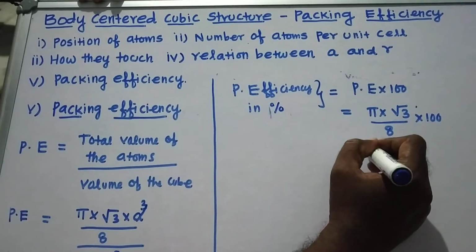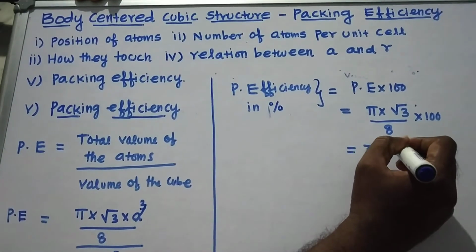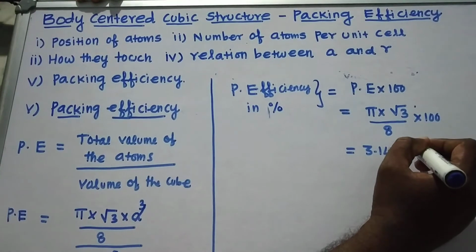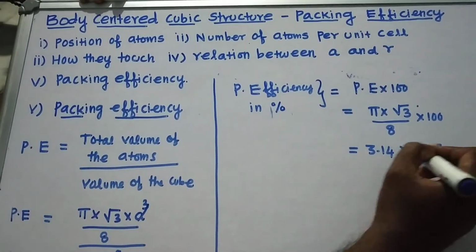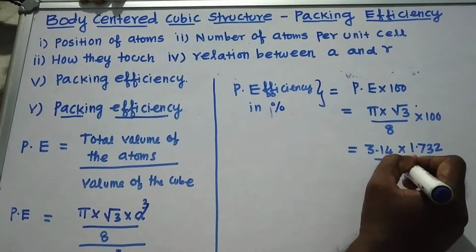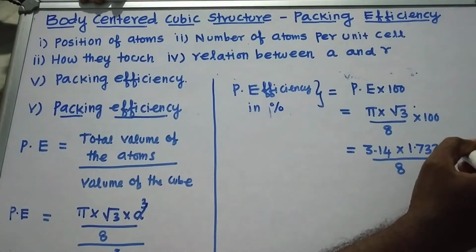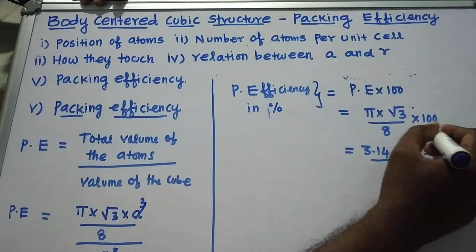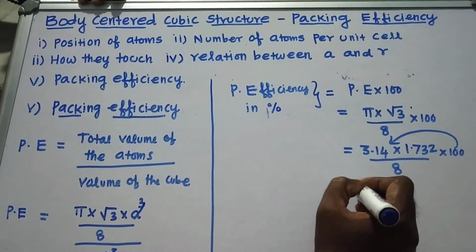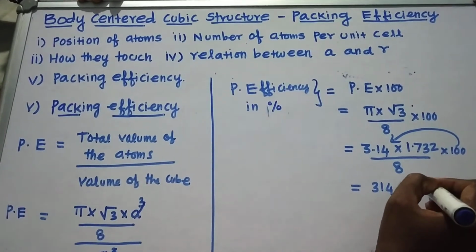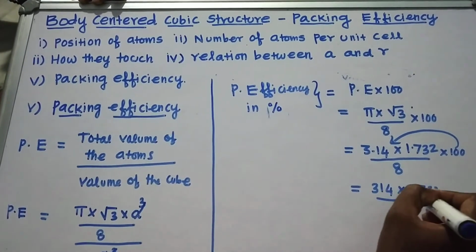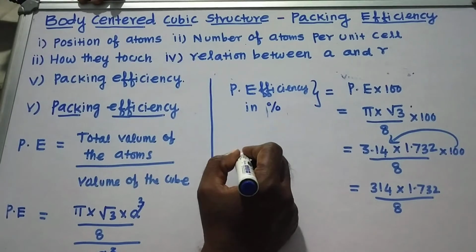The value of pi is equal to 3.14, into value of root 3 is equal to 1.732, by 8, into 100. Then now 100 is multiplied by the 3.14. That is equal to 314 into 1.732 by 8.